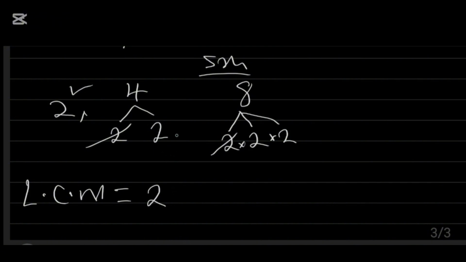Now this 2, as we can see, I take it and then I check in the other classes, that is under 8. So this one and this one are common, so I take it, I write it here. And now what is left is only the last 2, so I multiply it.